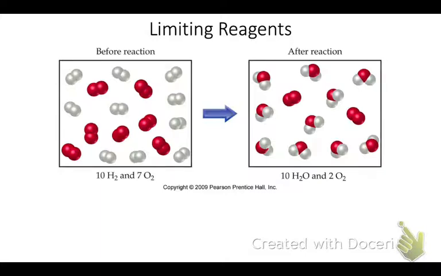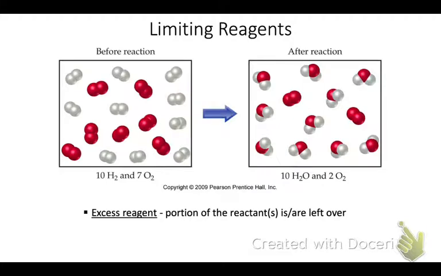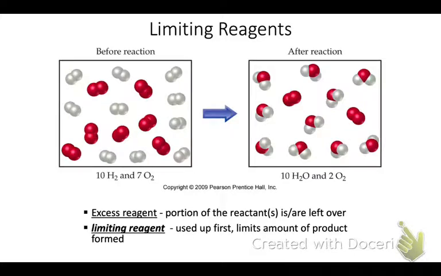And therefore, in this specific example, hydrogen is the limiting reactant and oxygen is the reagent in excess. So the excess reagent is the portion of the reactant that is left over. The limiting reagent is the one that is used up first and it limits the amount of product formed.